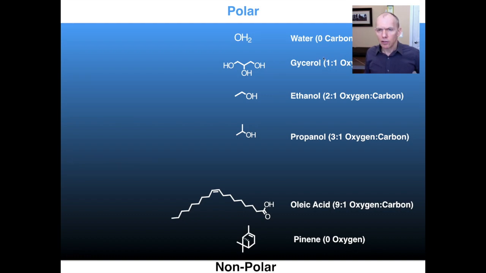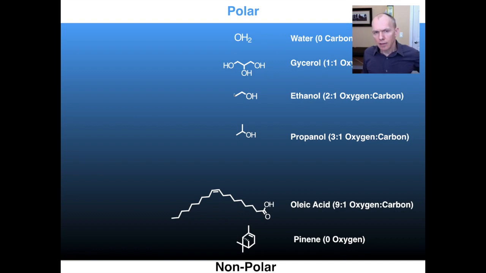Now you go down, glycerol is a compound. Remember, this is the backbone for making triglycerides, okay? That's what you find in fat. There is 1 oxygen for 1 carbon, so there's a 1-to-1 ratio of oxygen to carbon. So it's a little bit less polar than water is, but it's still pretty polar, okay?